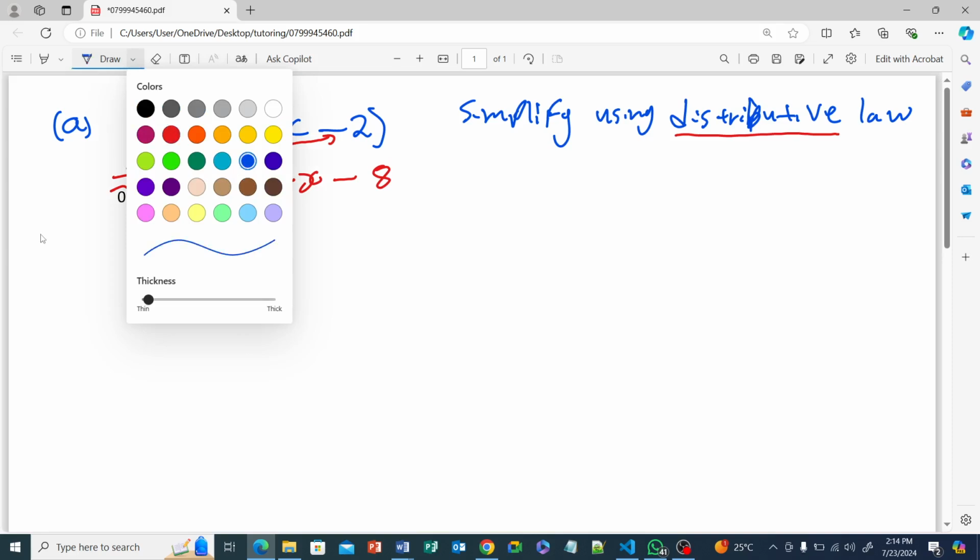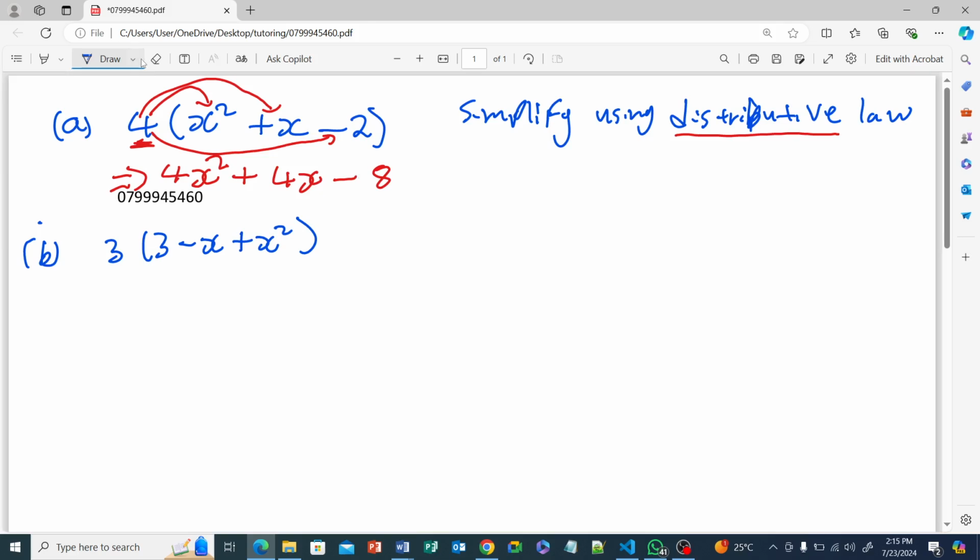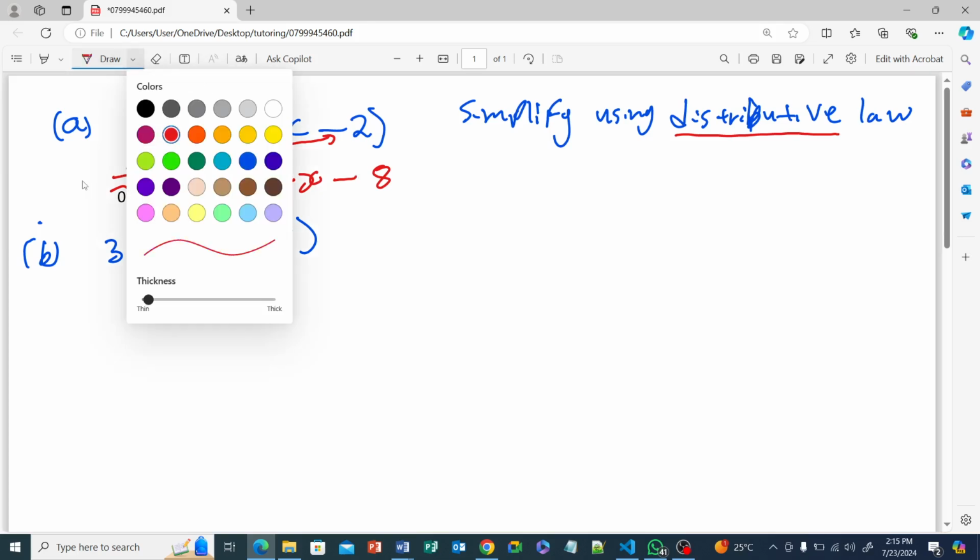Now number B, I also gave you 3 into 3 minus x plus x squared. The instruction is still the same: use the distributive property to solve this.